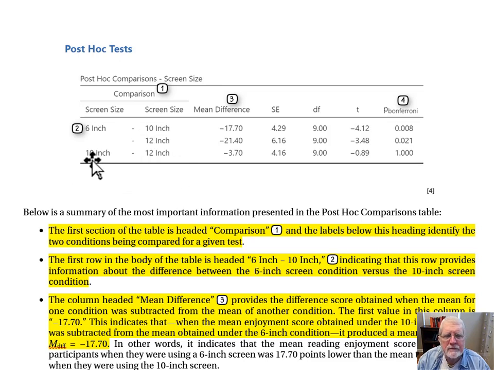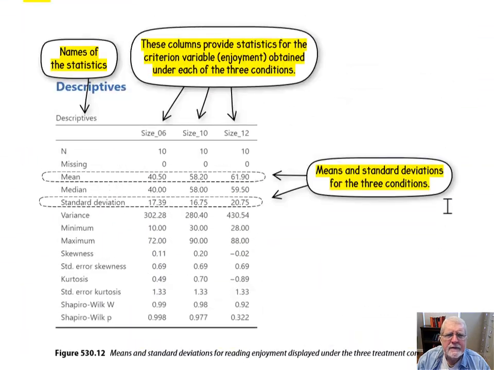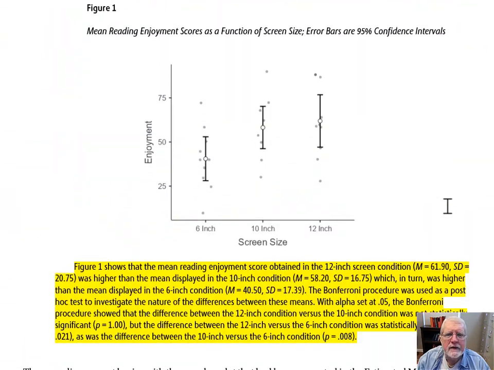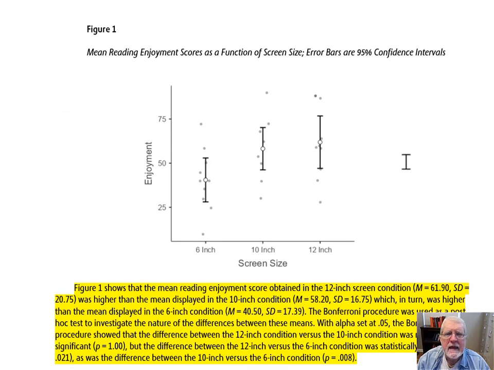Finally, the last comparison, the difference between the 10-inch versus the 12-inch condition. The p-value is 1.0, and yes, that's a lot bigger than 0.05. That means that's non-significant. So two of our differences are significant. One of them is not. Let's take a look at that figure again and see that this does make sense. Here are the two means that were not significantly different from one another.